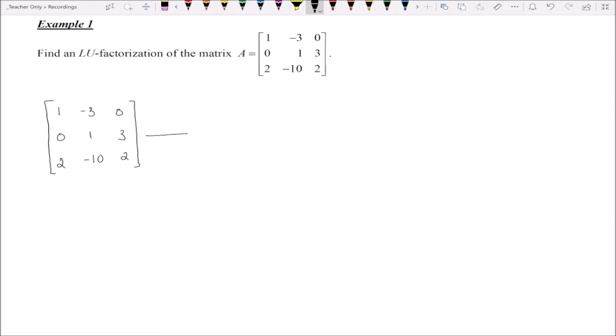We absolutely cannot interchange two rows in this process. Upper triangular, remember, means that every entry below the main diagonal, which in this case is right there, is 0. So we have to zero out this 2 and this negative 10.